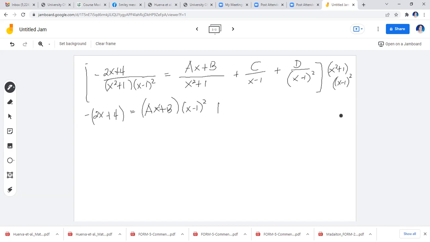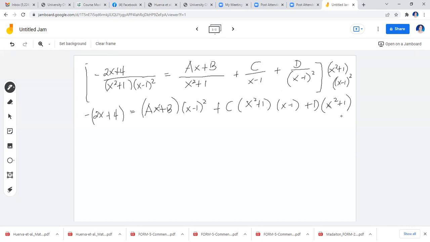This c does not have the x squared plus 1, and still lacks 1 x minus 1 because it should be x minus 1 squared. So that is why this c should be multiplied to x squared plus 1 and another quantity x minus 1. Your d has to be multiplied to only this because it has already x minus 1 quantity squared on its denominator. So it's just simply x squared plus 1.